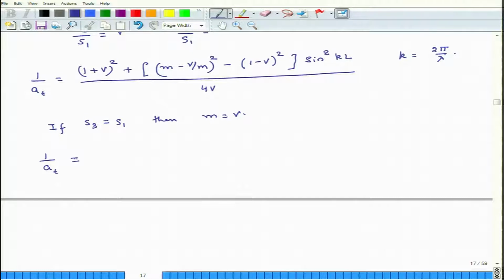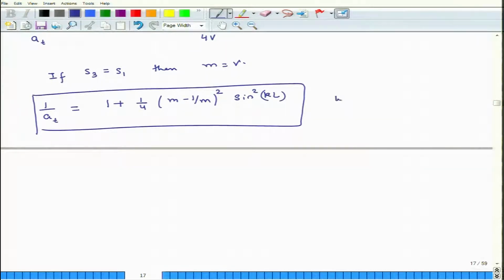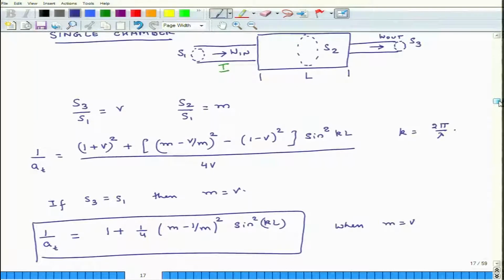So, 1 over transmission coefficient equals 1 plus 1 by 4 into (M minus 1 by M) whole square sine square kL. This is the expression. So, this is the situation when M equals V, and if M is not equal to V, then we can use the earlier relation.